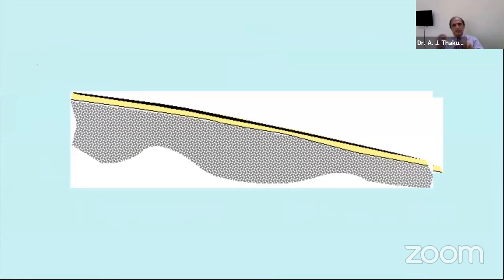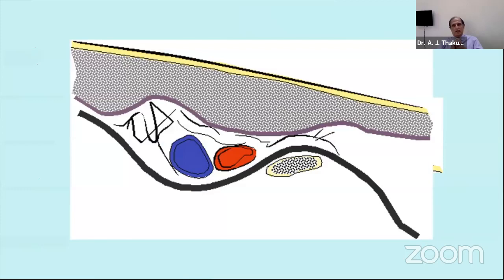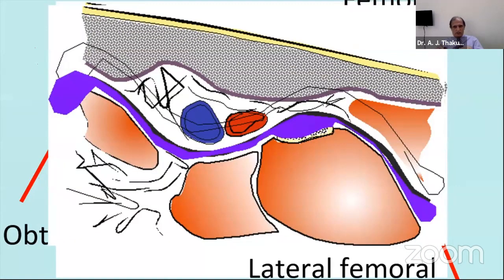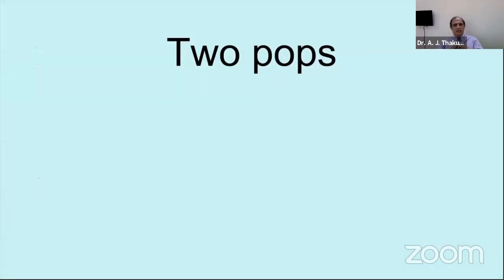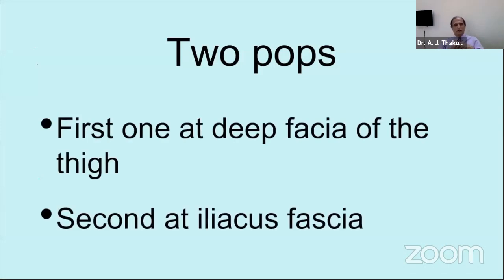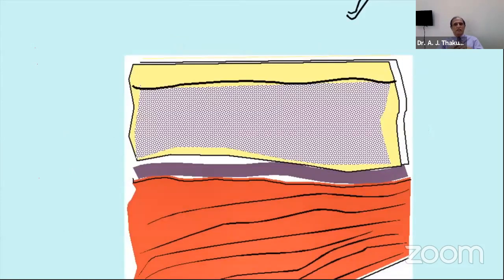First, there is skin and the deep fascia, and then after the deep fascia, you have the iliacus fascia, and between that, this blue space, all the three nerves are contained, and it is possible to reach this one. First pop is at the deep fascia, and the second one is at the iliacus fascia.